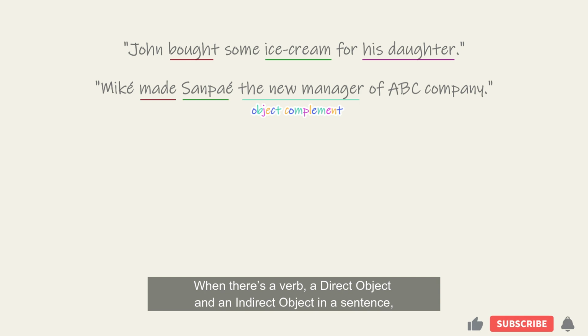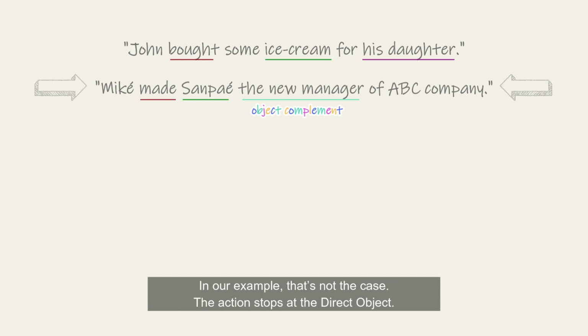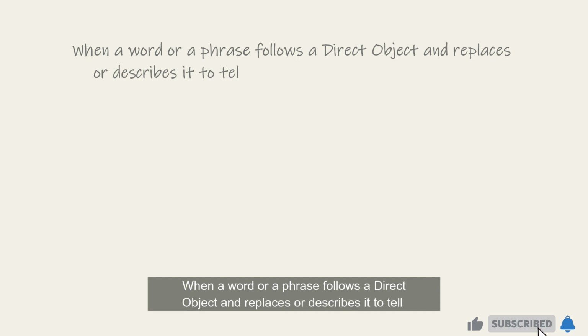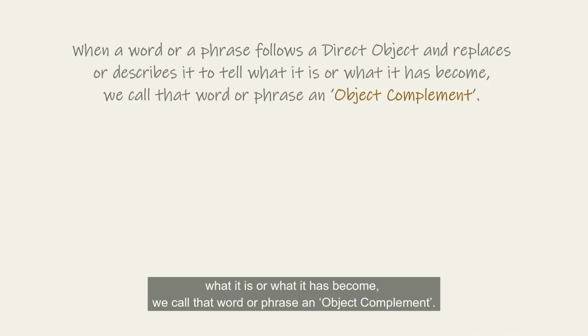When there's a verb, a direct object, and an indirect object in a sentence, the action moves from the subject to the verb, then to the direct object, and then to the indirect object. In our example, that's not the case. The action stops at the direct object. When a word or a phrase follows a direct object and replaces or describes it to tell what it is or what it has become, we call that word or phrase an object complement.